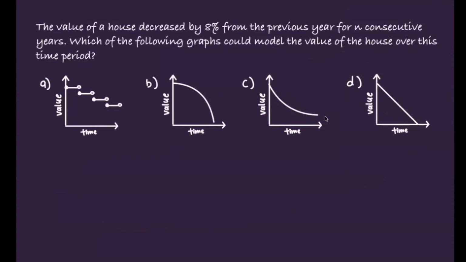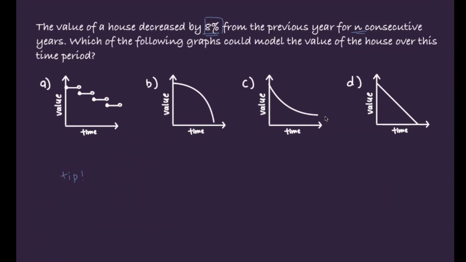Okay, let's take a look at this problem together. The value of a house decreased by 8% from the previous year for n consecutive years. Which of the following graphs could model this? Let's talk about a tip I have.